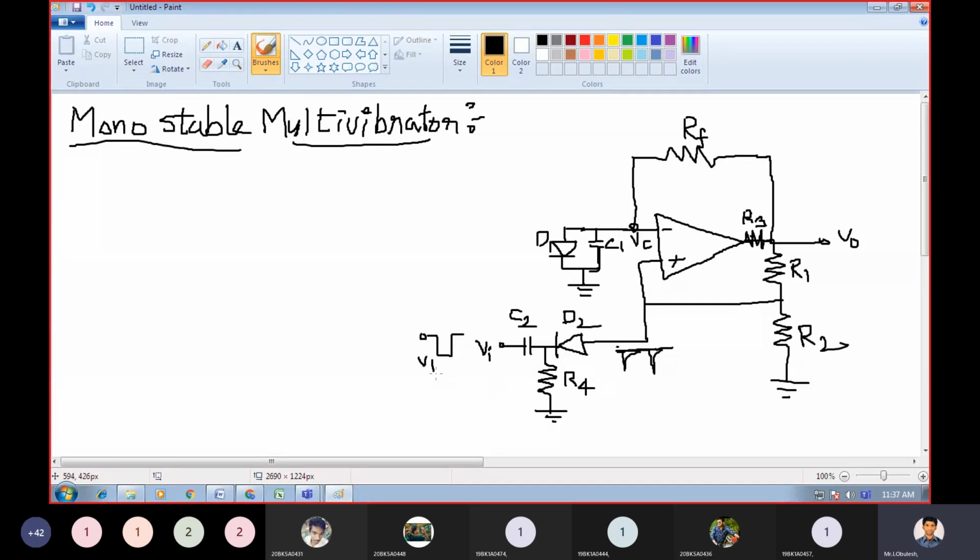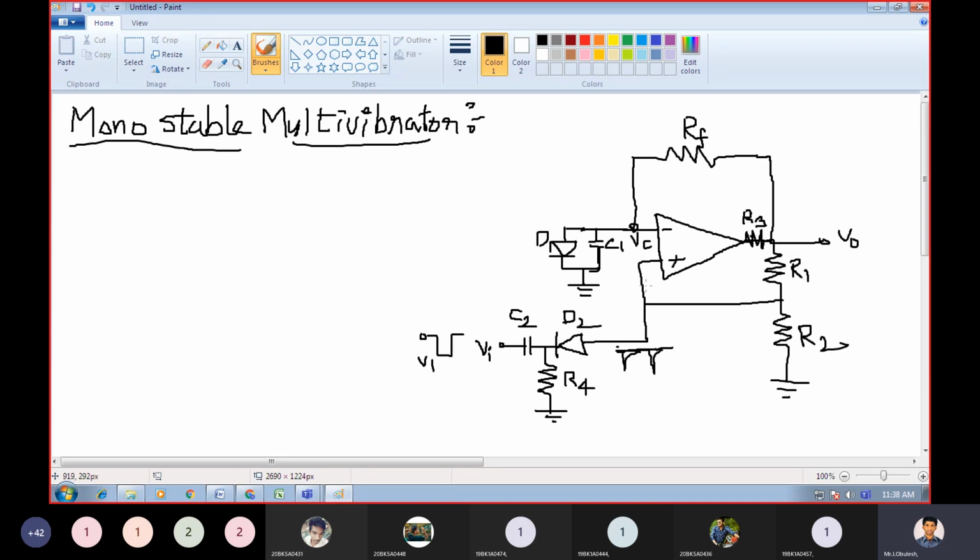If you apply a negative pulse signal to this positive input terminal, assume that in stable state the output is plus V saturation and the diode D1 conducts. We see the voltage across the capacitor C1 gets clamped to 0.7 volts.